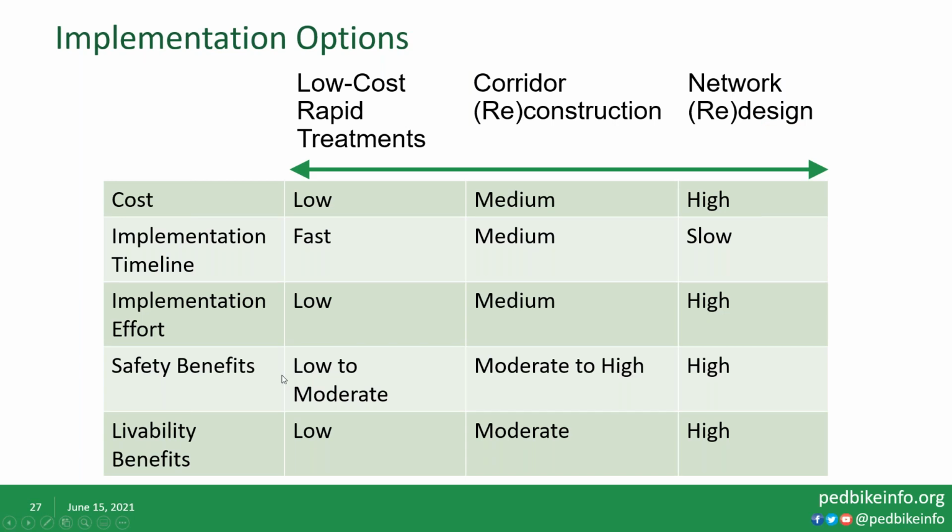So, in terms of considering options for implementing safety treatments on arterials, there's really a spectrum. There are lower cost, rapid implementation treatments, which would typically be considered following a systemic safety analysis, using a systemic safety approach to get that rapid implementation at many locations across the network.